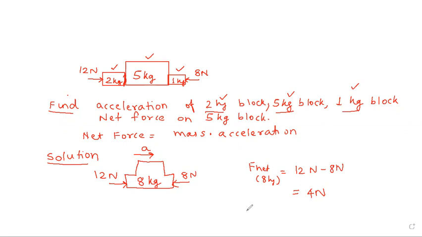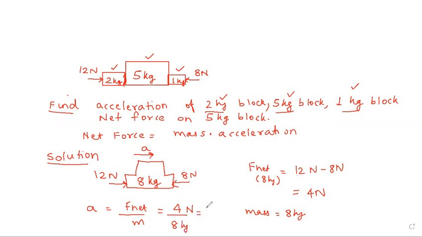And what is the mass? The mass is 8 kgs. Applying Newton's second law of motion, we are required to find acceleration, so acceleration would be net force upon mass. Net force is 4 newtons and mass is 8 kgs.